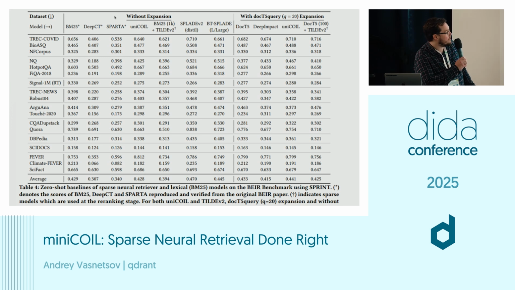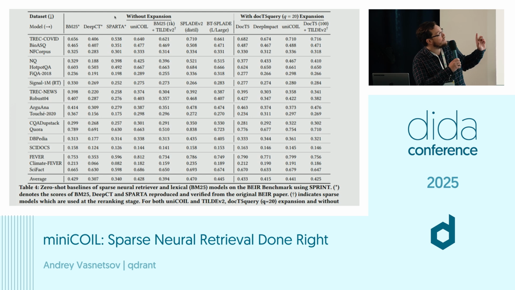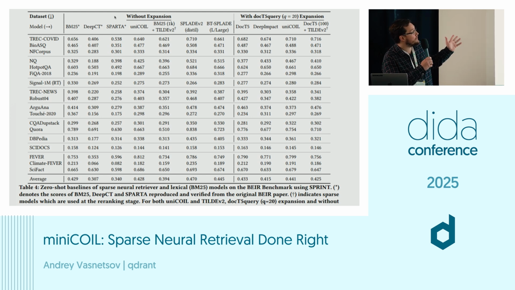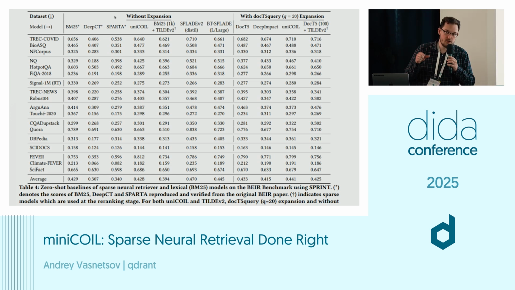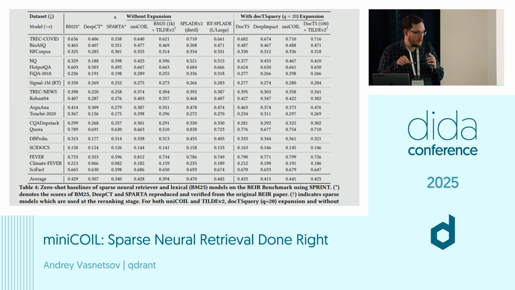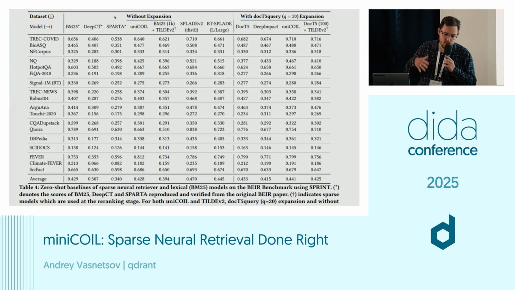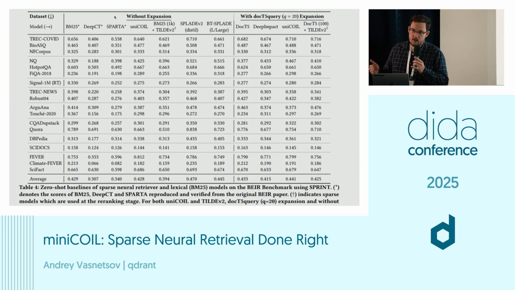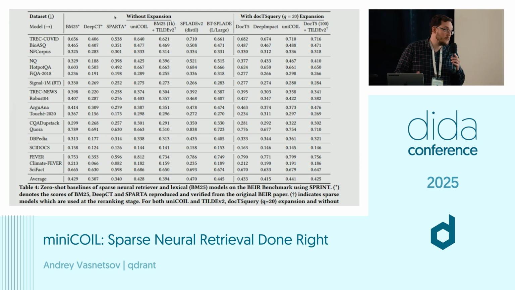So the idea here is there are two different types of sparse models. First one is model without expansion. That means that each token in the original document is strictly associated with another token, another dimension in sparse vector. And models with expansion, they're actually a bit more complicated. They introduce new dimensions into the vector, even though some tokens might not exist in the original document.